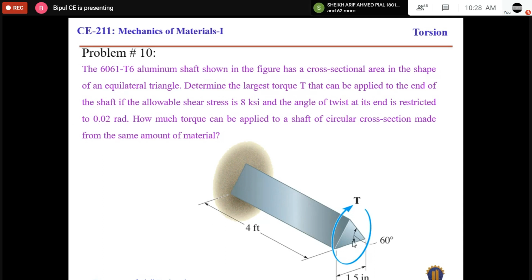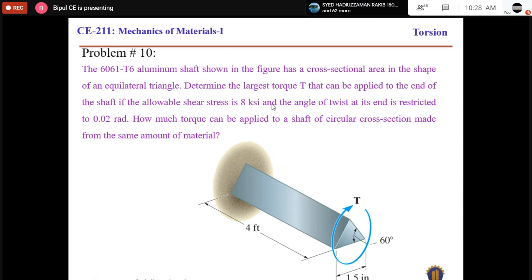That means the angle of twist of this free end will not exceed this value. The angle of twist will be either 0.02 radian or smaller, but it will not be greater than 0.02 radian.